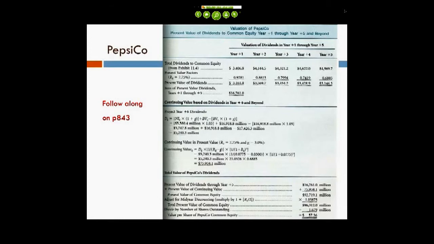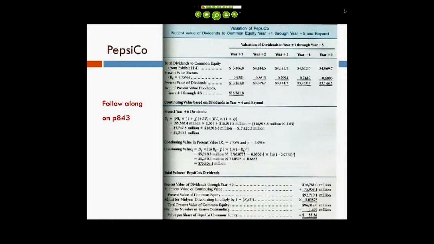So this continuing value is your dividend in year 6, which we've just calculated, multiplied by 1 over your required rate of return minus your growth rate. This is the perpetual factor. This takes this number and makes it perpetual for eternity.